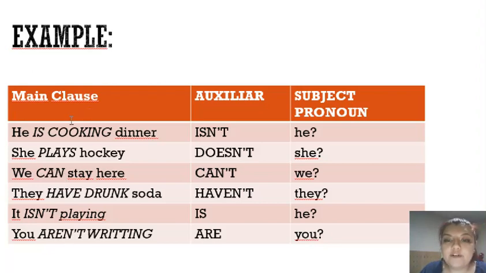So the first 1, 2, 3, 4 sentences are starting in affirmative sentences. My auxiliary, which is my tag question, is going to be the negative, and then my subject pronoun repeating who is the subject we are talking to.